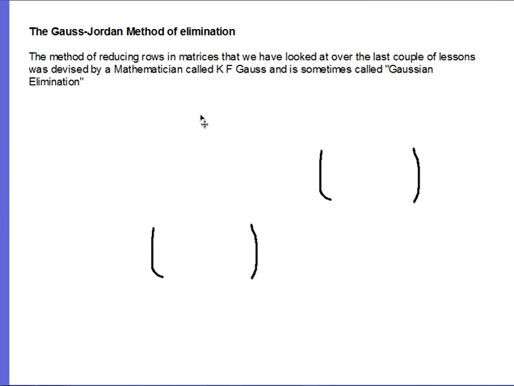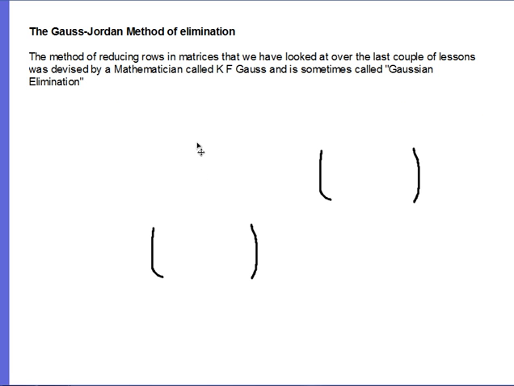We're going to have a look at a method today called the Gauss Jordan method of elimination. Over the last few lessons we've looked at a method of reducing rows in matrices that was devised by a mathematician called K.F. Gauss, sometimes called Gaussian elimination, but we've been calling it row reduction, which is also a common terminology for it.